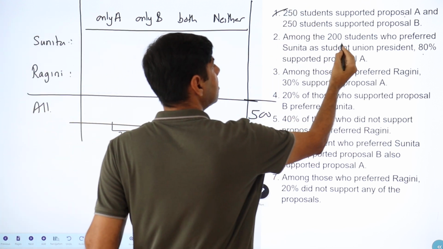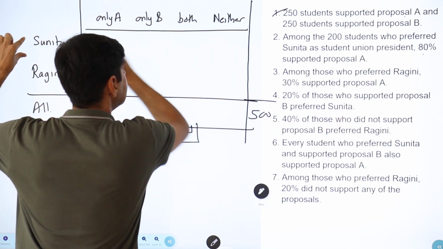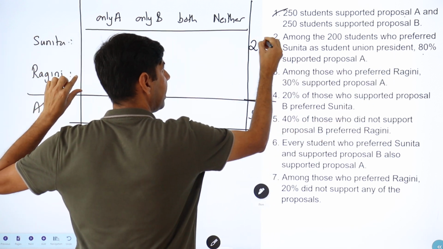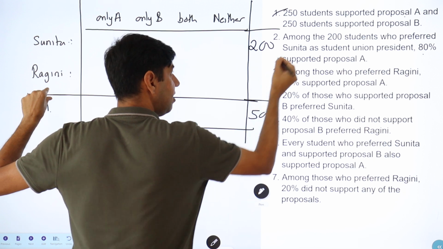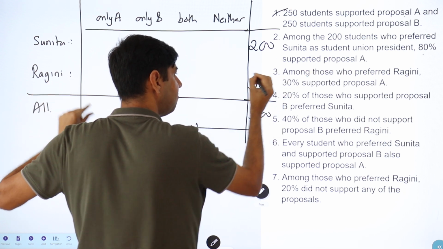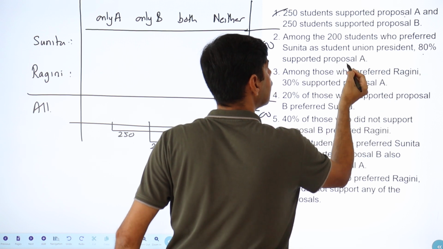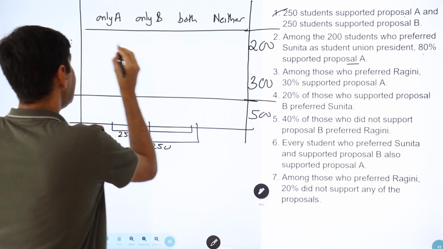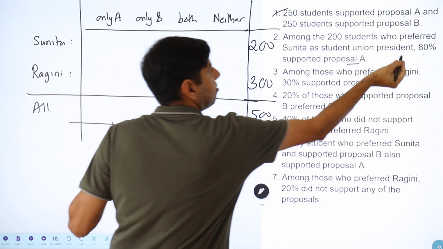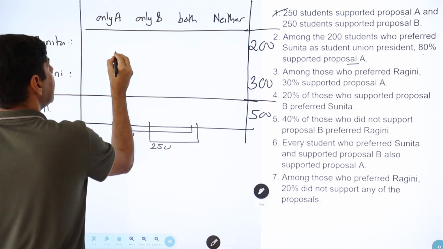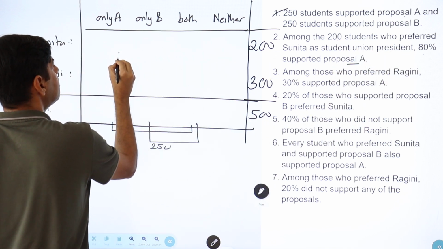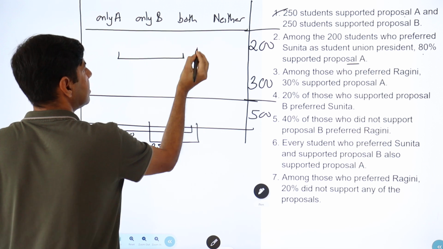Okay. Amongst the 200 students who prefer Sunita, so Sunita's camp is 200. So what we understand even before I read is Ragini's camp will be the rest 300. Amongst these, 80% support proposal A. Same idea. 80% of this is 160 will prefer A. So these two together is going to be 160.